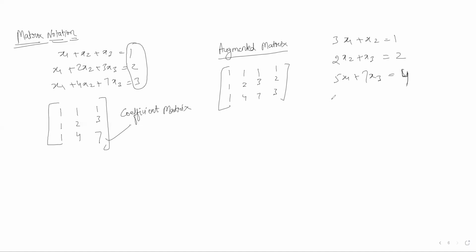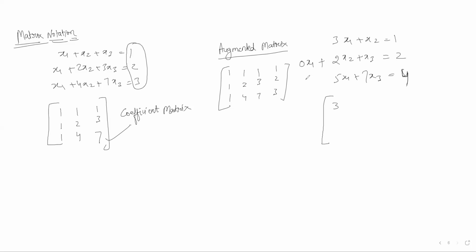So how do we write this? First we know that the first column is for the coefficient of the x1 variable. In the first equation the coefficient is 3. In the second equation it is missing. Can I write it as 0 times x1? Yes, because nothing is there, we can write 0 x1.